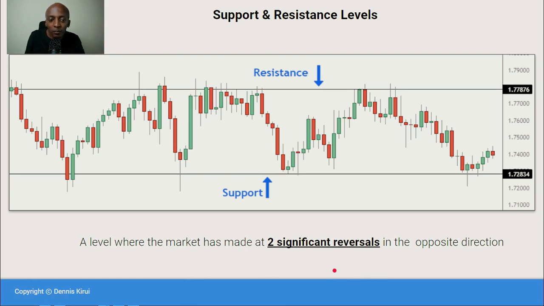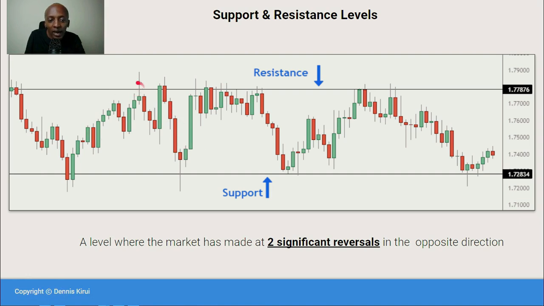So what does this mean? These levels are not just there when you open your chart. They are levels that you need to find on the chart and actually draw in. An easier way to find them is to open your chart, for example on the daily time frame, and look for points where, when the market reaches that point, it seems to reverse to the upside, or reverse to the downside.